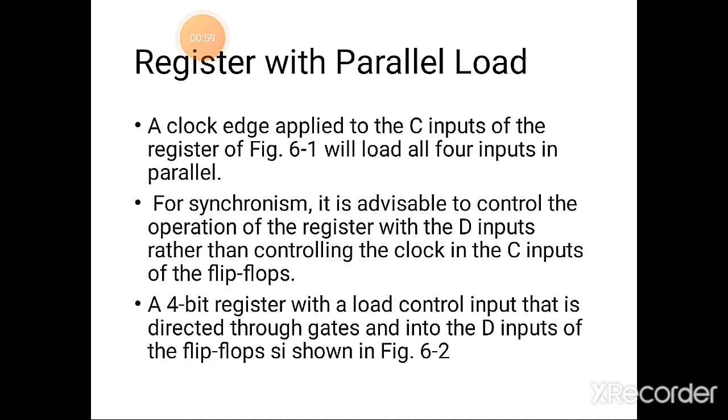For synchronism, it is advisable to control the operation of the register with the D input rather than controlling the clock in the C inputs of the flip-flops. A 4-bit register with a load control input that is directed through gates and into the D inputs of the flip-flops is shown in the figure.